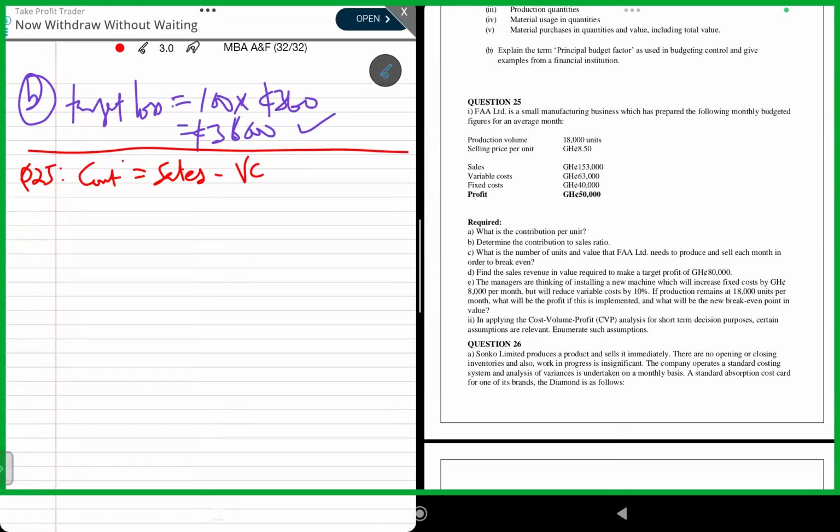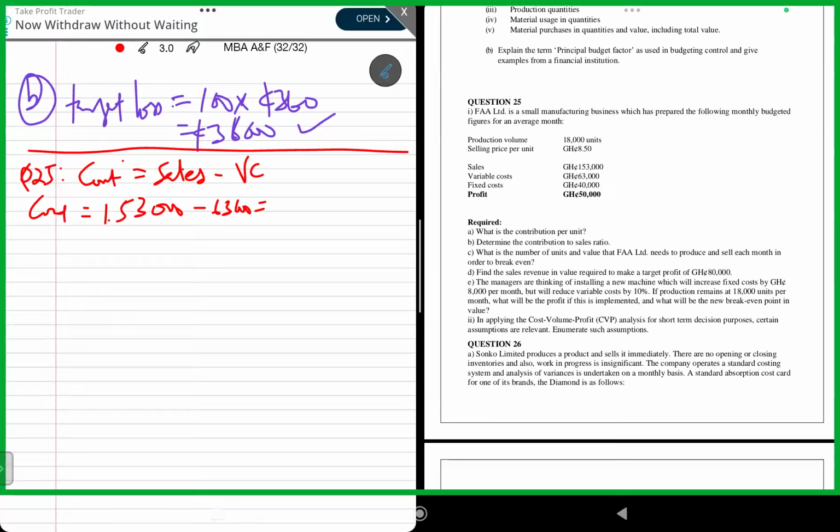So how do we find it? We have our sales figure of 153,000, then minus our variable cost of 63,000 to get our contribution. So 153,000 minus variable cost of 63,000.